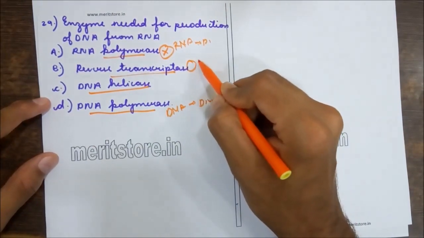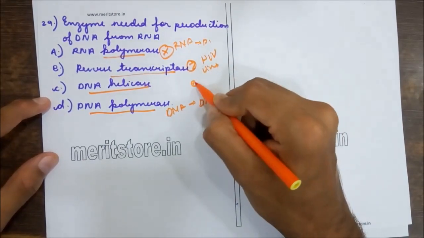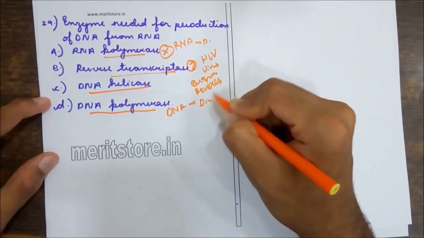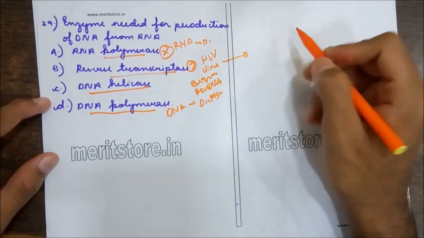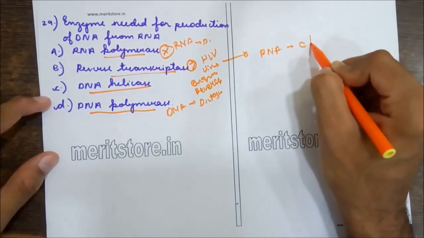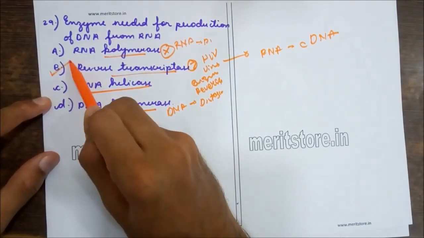Reverse transcriptase is the enzyme which is used by HIV virus, which causes reverse transcription. This reverse transcription is nothing but RNA forming DNA with the help of this enzyme. So correct option is option B, reverse transcriptase.